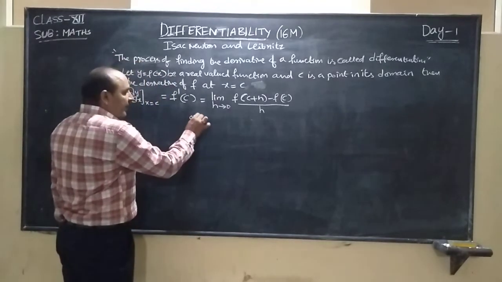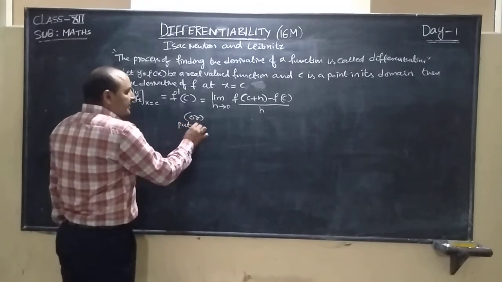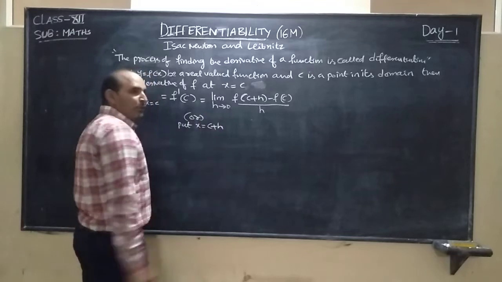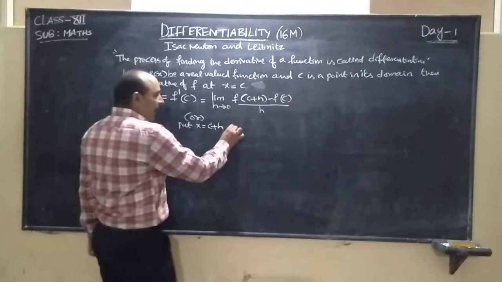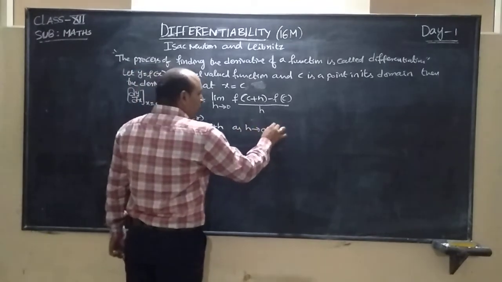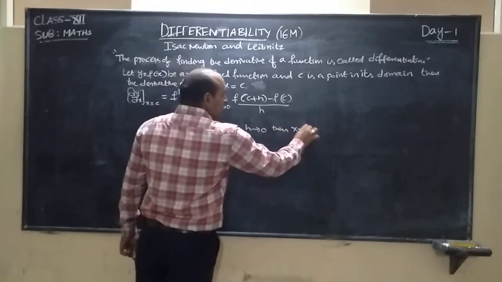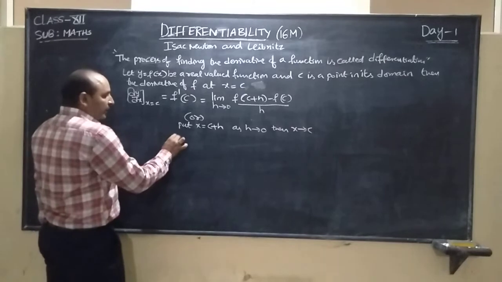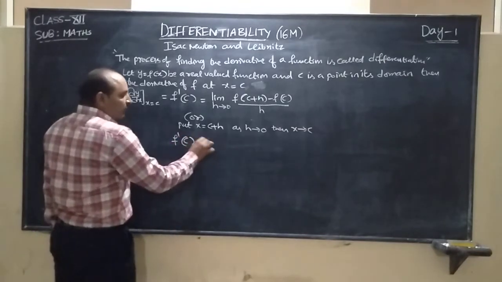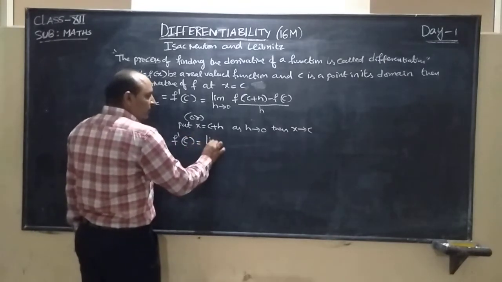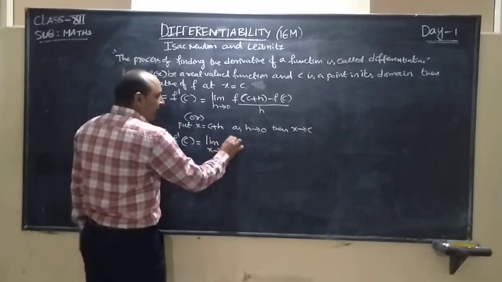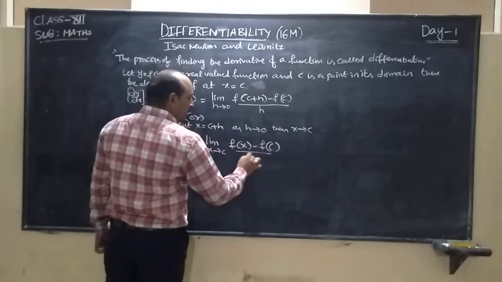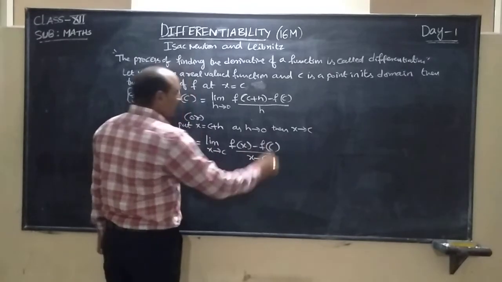Or you can write it by putting x is equal to c plus h. As h tends to 0, x approaches c. You can write f dash of c, which is equal to limit x tends to c, f of x minus f of c divided by x minus c.